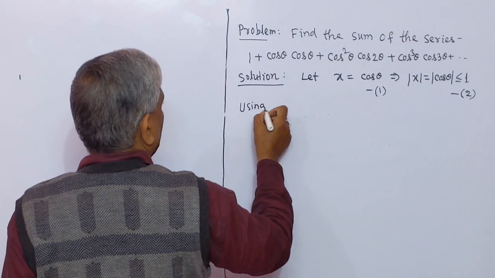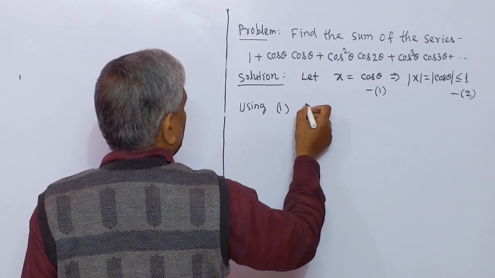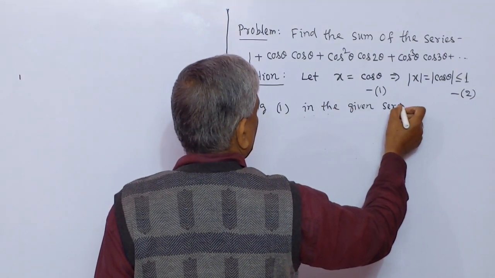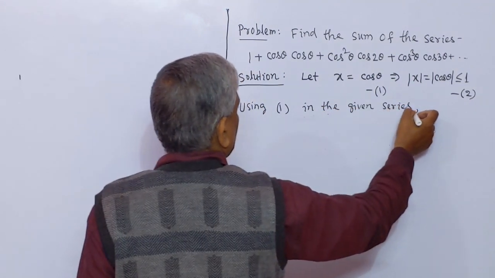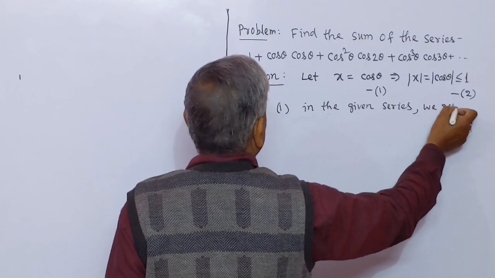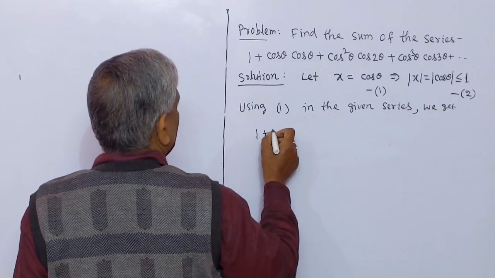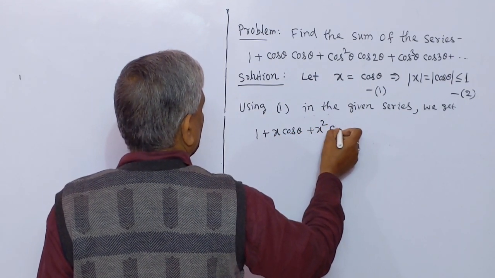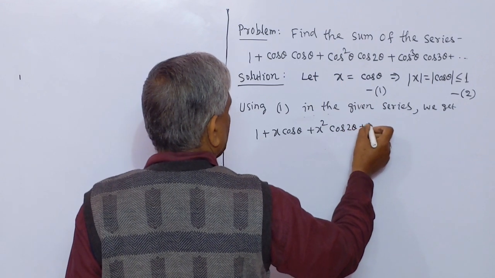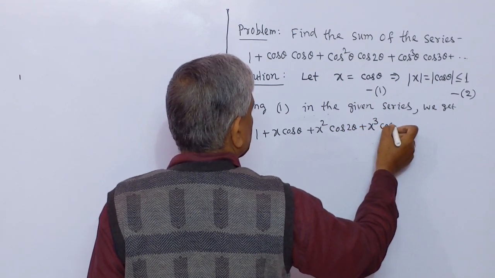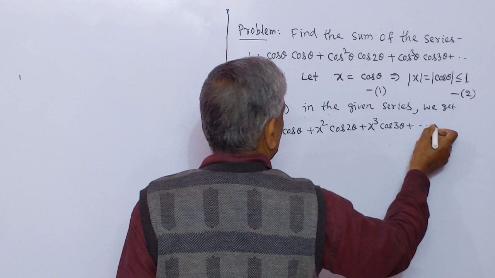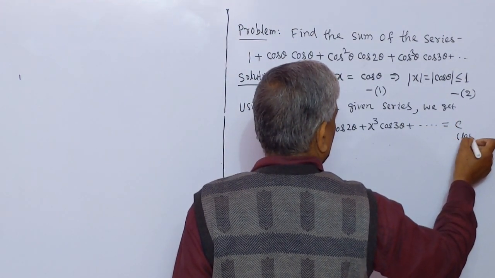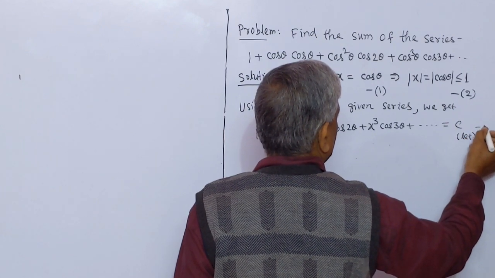Using 1 in the given series, we get 1 plus x cos theta plus x square cos 2 theta plus x cube cos 3 theta plus dot dot dot, and let this be C. This is number 3.